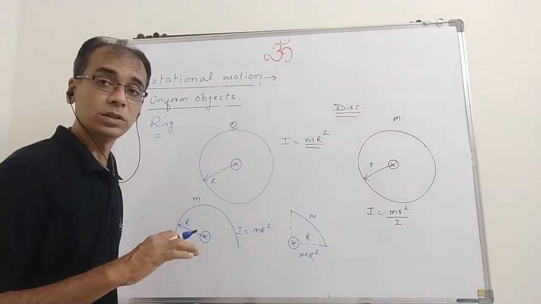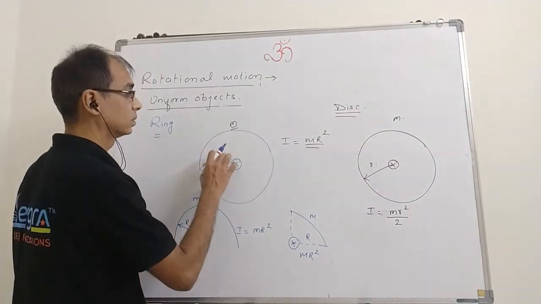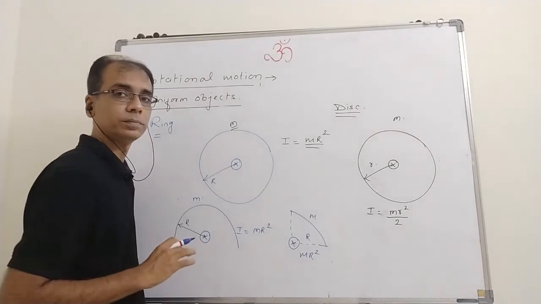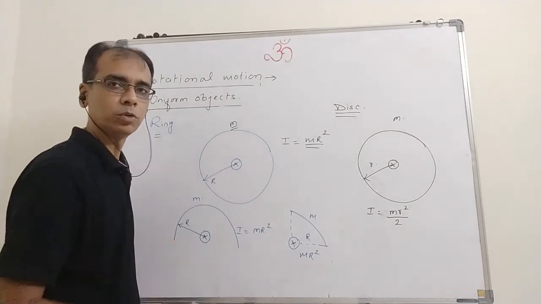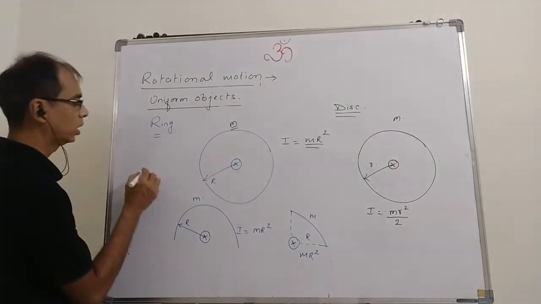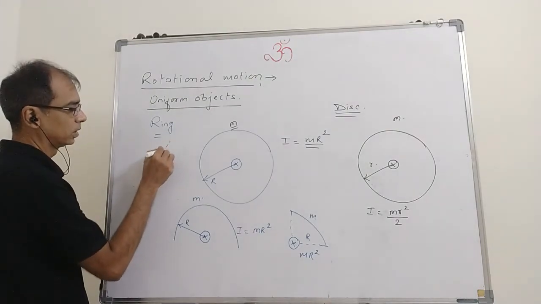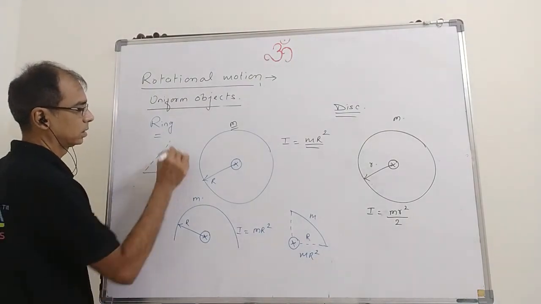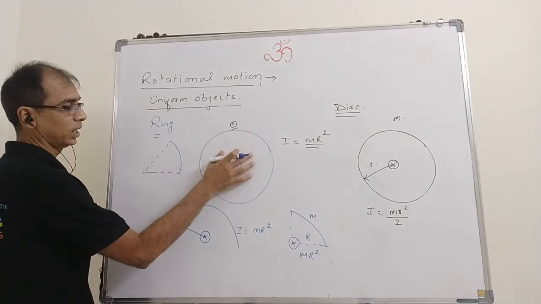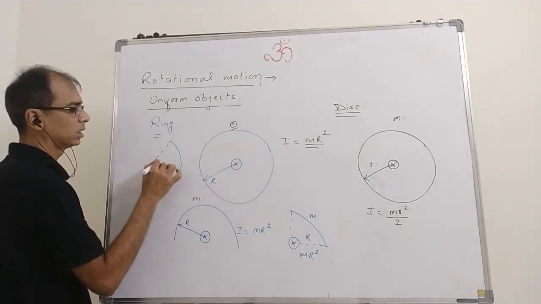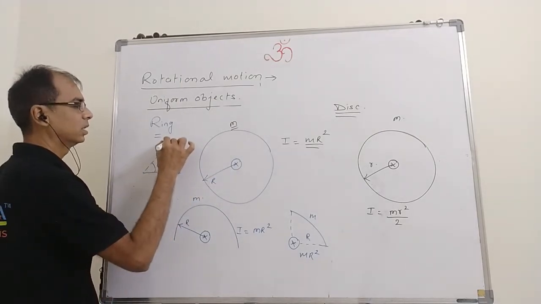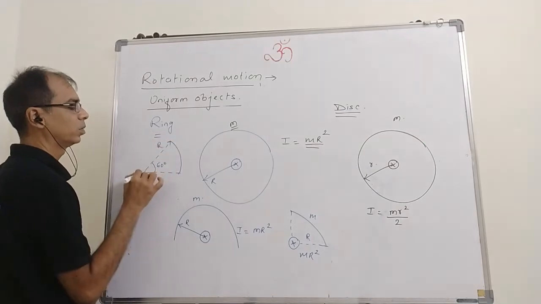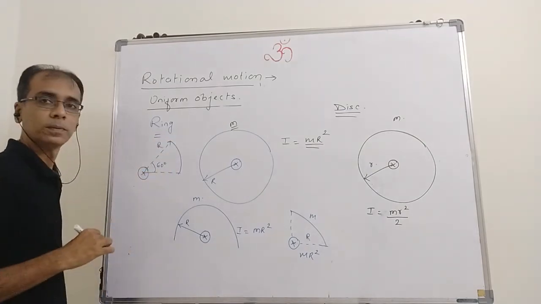But suppose I cut a portion from this ring. The portion is like this. From this I have cut this portion, and this angle is 60 degrees. The radius is r. What is its moment of inertia about this axis?